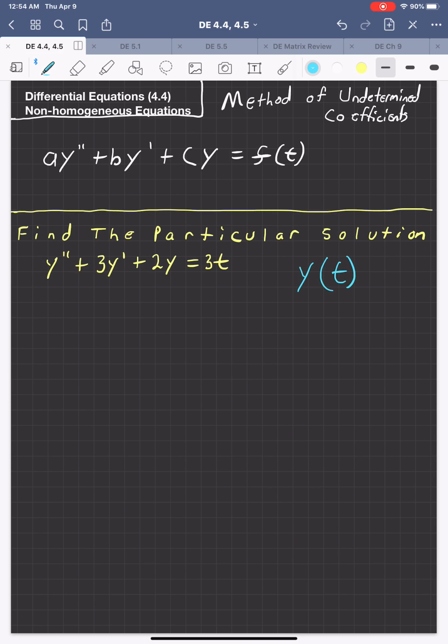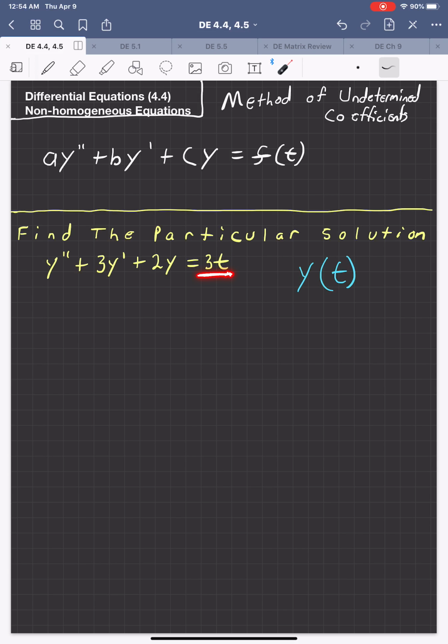If you take the second derivative of that function plus 3 times the first derivative plus 2 times the function itself, what do you get? You get 3t. You can already see that you definitely want a strategy here. You don't want to try to guess that out.